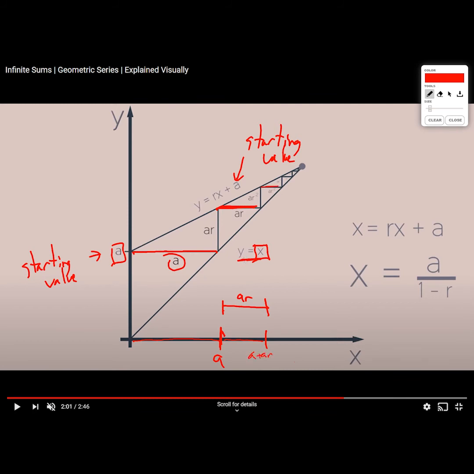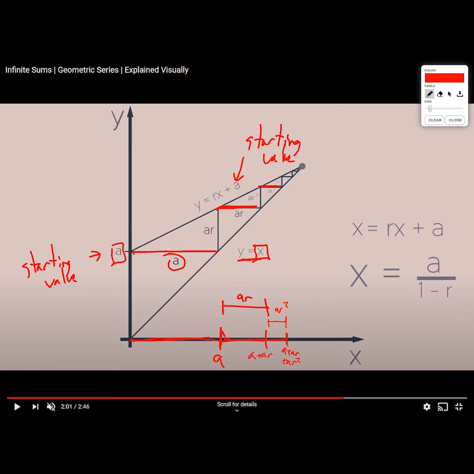And then the next important x length they give us is about right here. And remember, that means that this length is ar squared. So this point here is this length plus this length plus this length, or a plus ar plus ar squared.